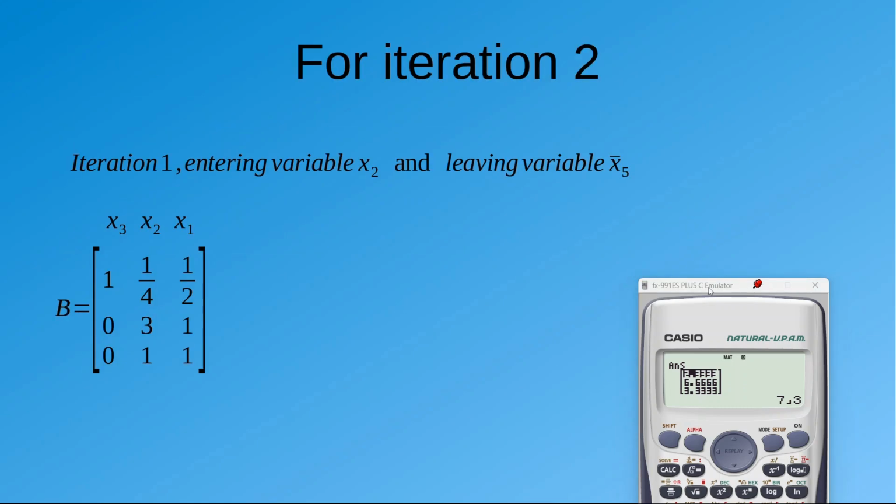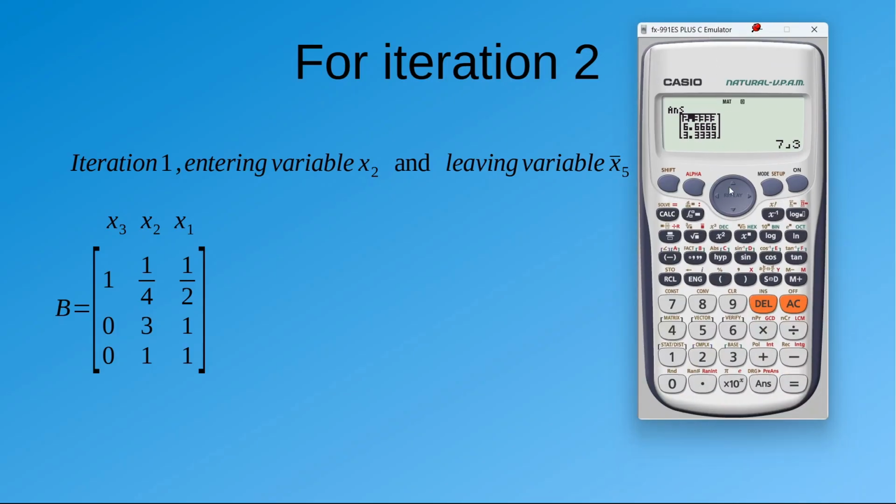So all you have to do now is go back to the calculator once again and update your B matrix. Now your B matrix is going to have coefficients of x3. It already has the coefficients of x2. Now since x6 bar is the leaving basic variable, its coefficients in matrix B are replaced with x1. That is the entering basic variable.